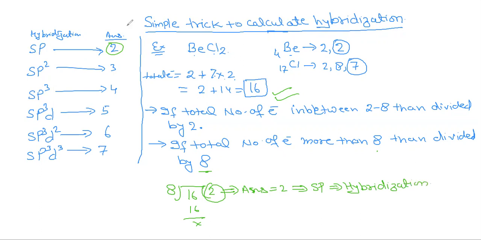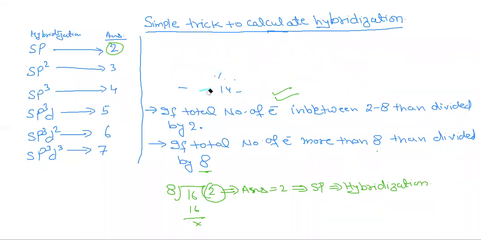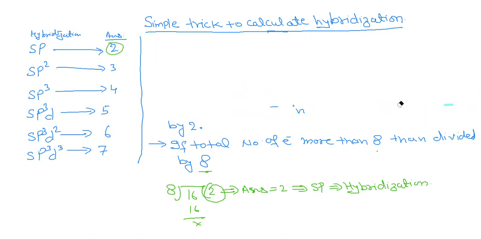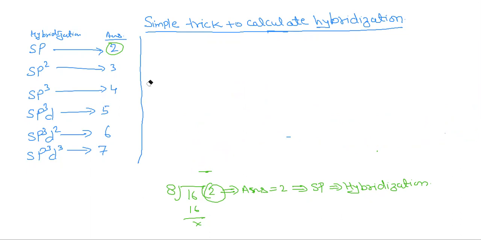Okay. Now, take a second example: NH3. You know that the atomic number of nitrogen is 7, with configuration 2, 5, and hydrogen is 1.